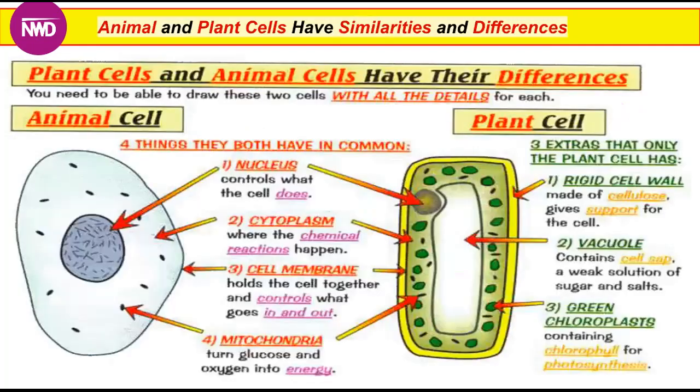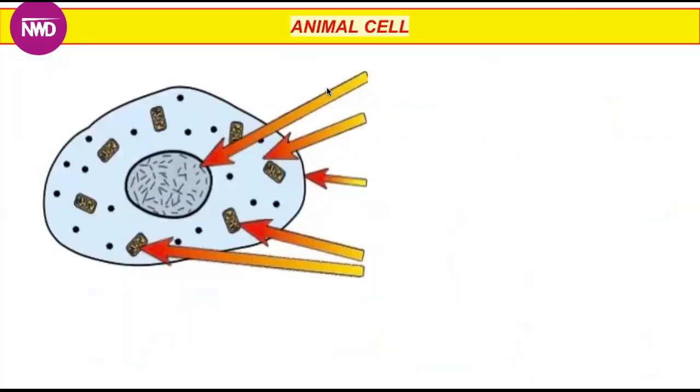Our next topic is to understand the similarities as well as differences between the plant and animal cell. We will first start with the animal cell. Here I have taken a picture of the animal cell and we will understand it one by one. Can you see the central portion of the animal cell, students?